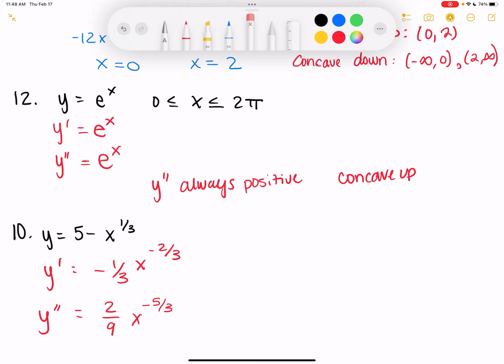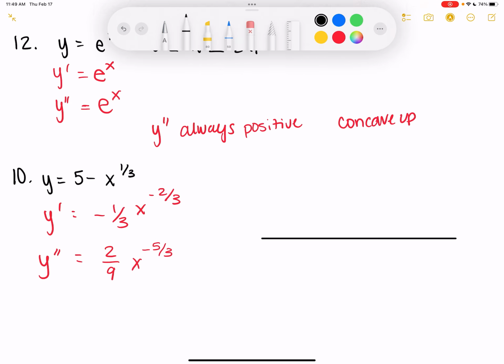All right, so then making a sign chart. Well, I guess I need to find where it's equal to 0 first. So set this equal to 0. So I would have x to the negative 5/3 is equal to 0 because that 2/9 is going away.